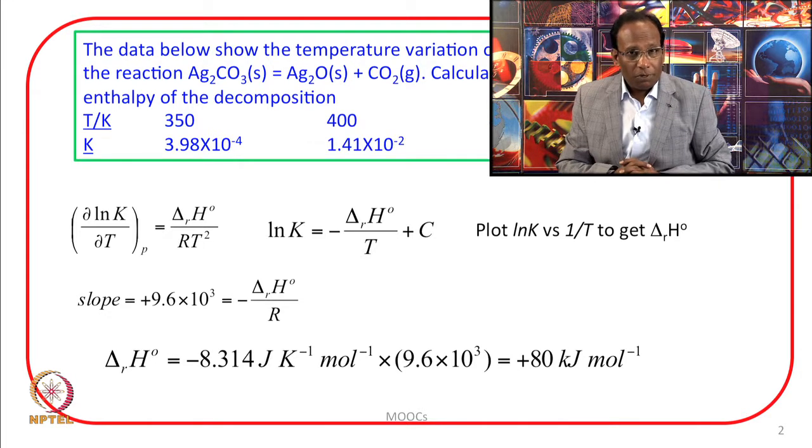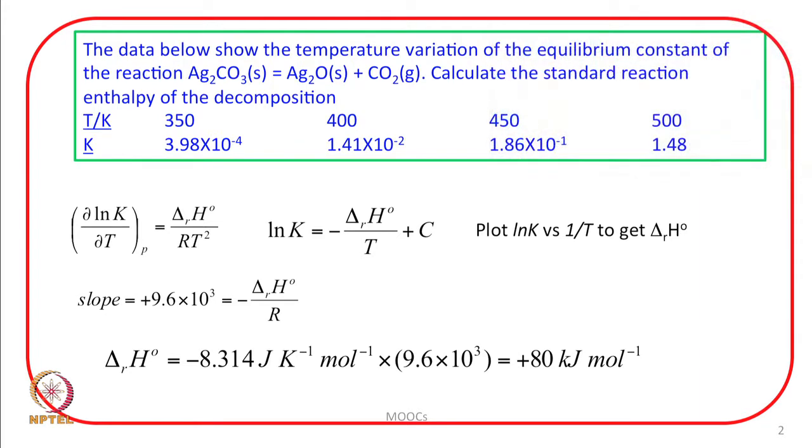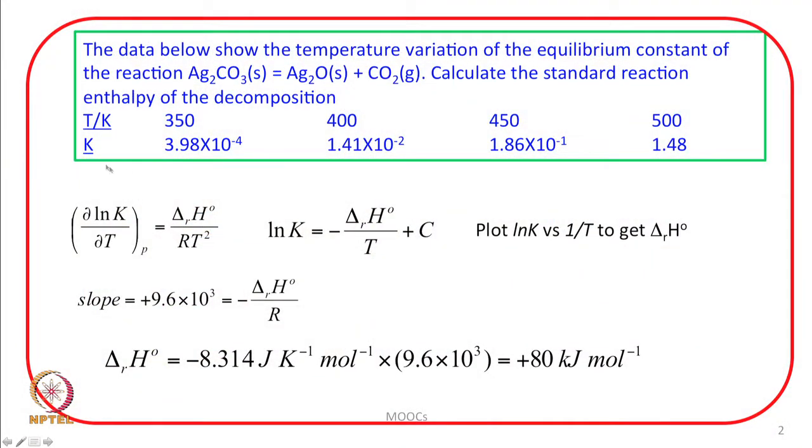If the reaction is endothermic, then according to Le Chatelier principle, if we increase the temperature, the value of equilibrium constant should also increase. And let us see whether the given data is in accordance with this. What we see here is when the temperature is changed from 350 to 500 Kelvin, the value of equilibrium constant increases from 3.98 into 10 raised to the power minus 4 to 1.48.